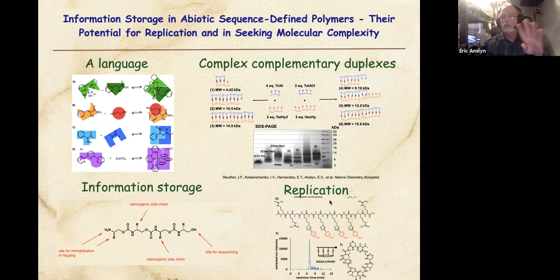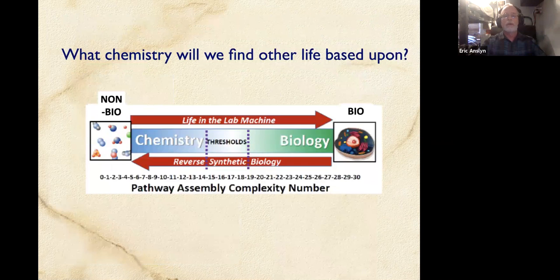And now, can we store information in things other than alphabetic languages or ideographic languages, other than DNA? Yeah, we could store information in plastics, is kind of the last topic that I discussed. So the summary here is, what chemistry are we going to find elsewhere?